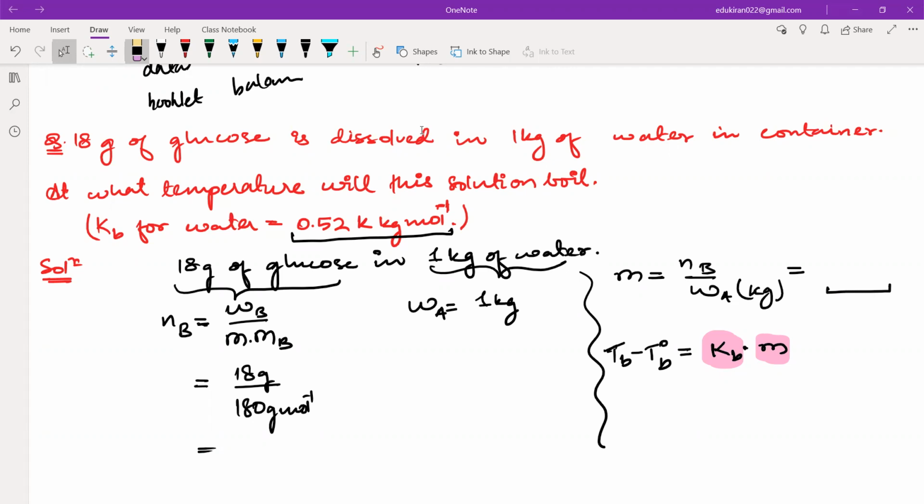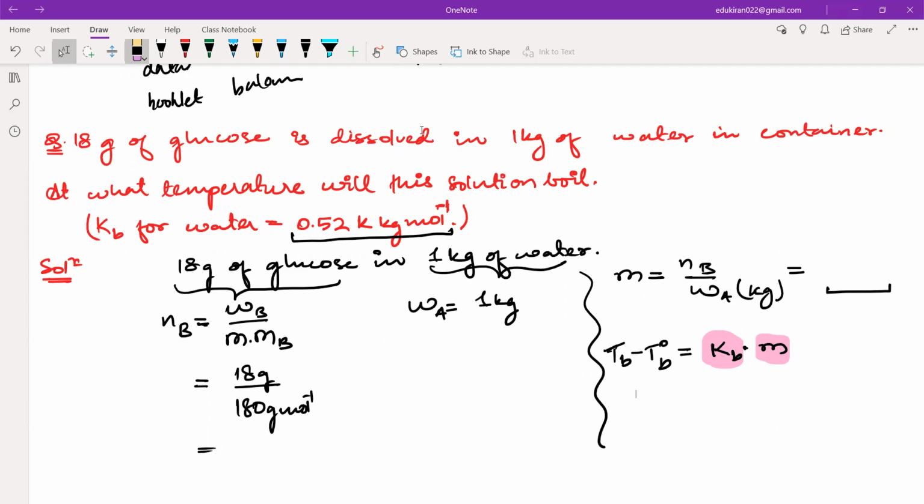Yes. किसका? सोल्यूशन का या फिर प्योर सॉल्वेंट का? Pure solvent. प्योर सॉल्वेंट क्या है यहाँ पे? Glucose. No, water. अब आ गई बात समझ में? T not B कितना होगा? हाँ 0.52. अगेन, what is T not B, हानिया?